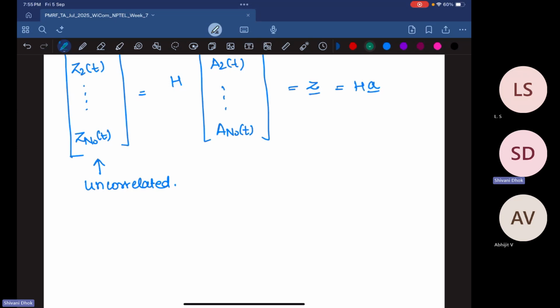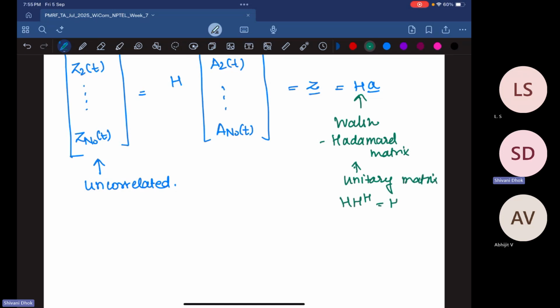And this H is a Walsh-Hadamard matrix, and this is a unitary matrix. That is H into H Hermitian is equal to H Hermitian into H is equal to an identity matrix.